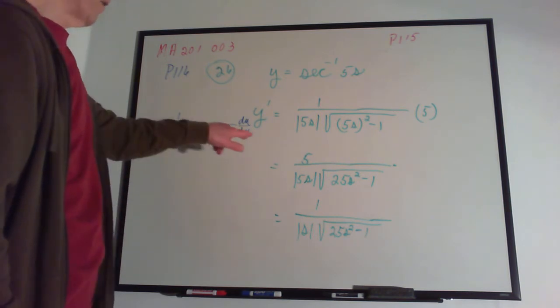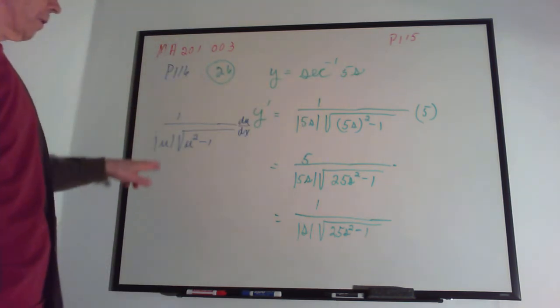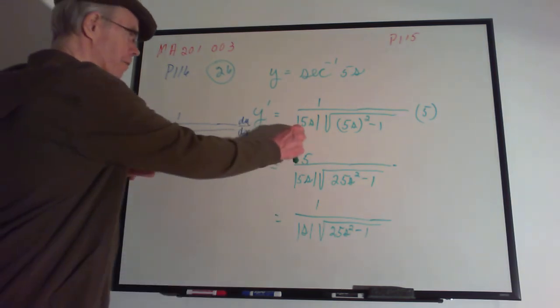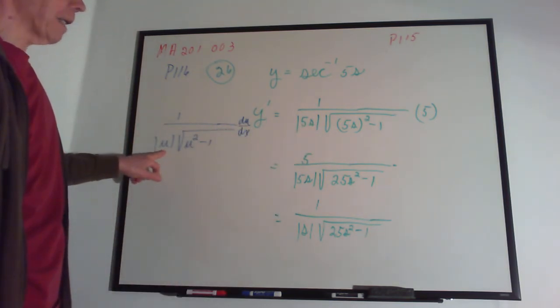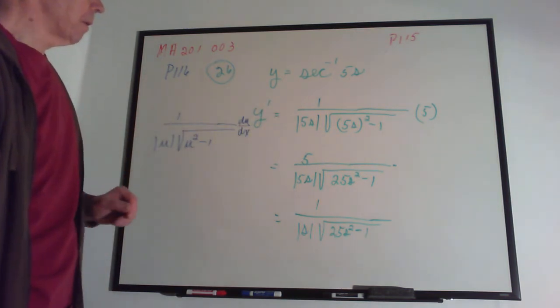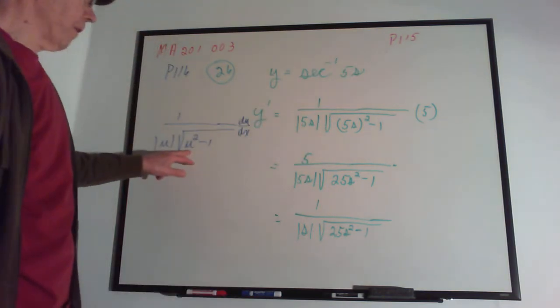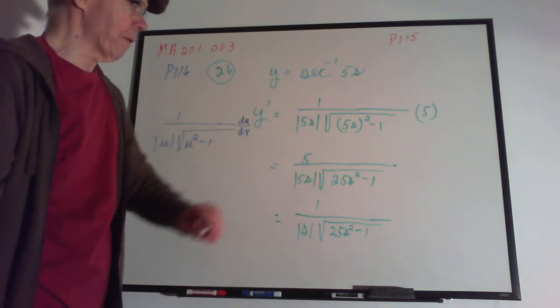All right, this is the formula I want to use. So u is 5s. It tells me to put the absolute value of 5s in front of the radical in the denominator. There's a 1, here's the 1. And then I'm going to square the 5s. So it's 5s squared, which is going to give me 25s squared.